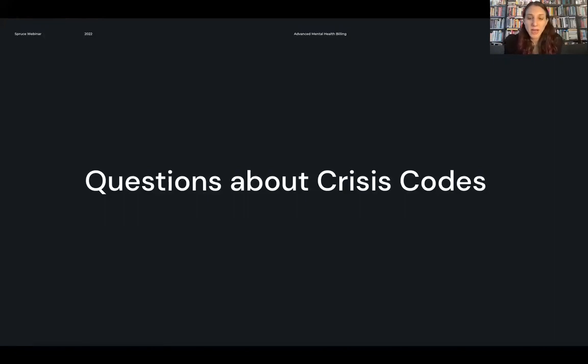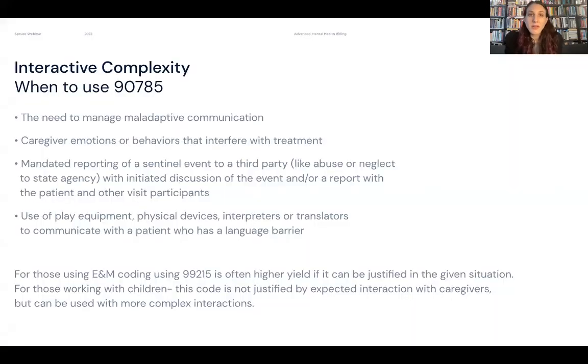Let's talk a little bit about interactive complexity. Perfect. So interactive complexity is an add-on code. As opposed to crisis codes, which, as I said, are standalone codes that have to be used on their own, with interactive complexity, this is something that you could be adding to the psychotherapy codes that you're usually using. It does need to be added when there is a psychotherapy code present.